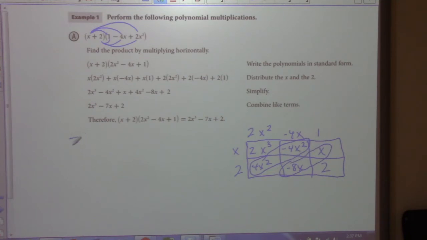So our answer to this polynomial multiplication problem is 2x cubed, and then 4x squared minus 4x squared cancel out to be 0. And then we have negative 8x plus x. That's going to be negative 7x. And finally we have plus 2, which fortunately is the same thing that the book got in its answer here, right?